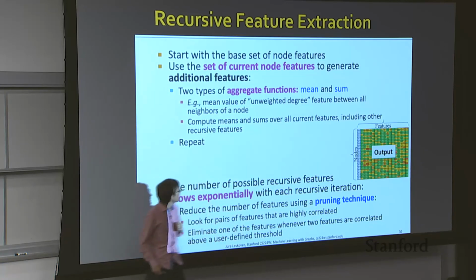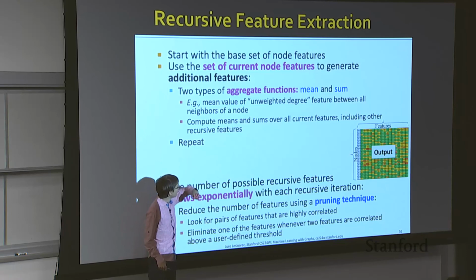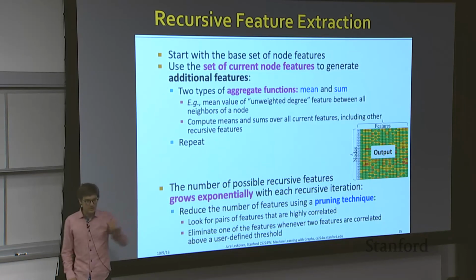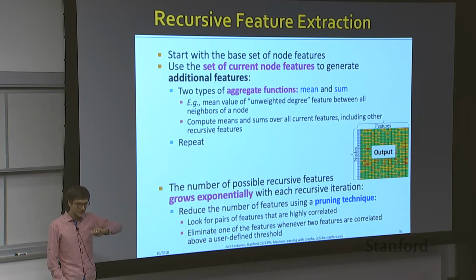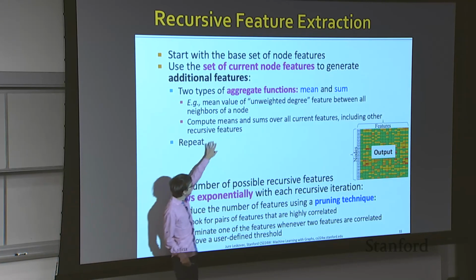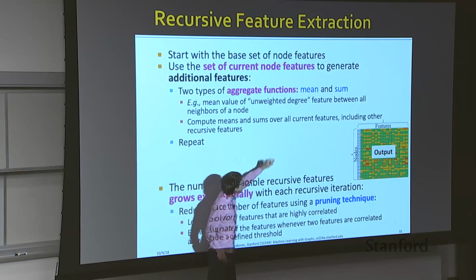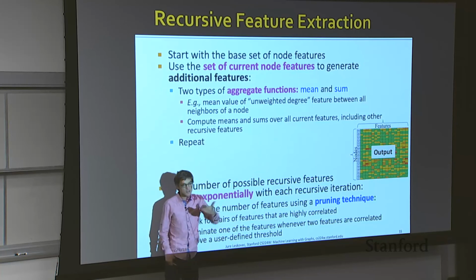For example, I will take the mean value of the degree of all the neighbors of a given node. So this will be the mean degree of my neighbors, or the sum of the degrees of my neighbors. Essentially, I can compute these means and sums over all the current features, including the recursive features.